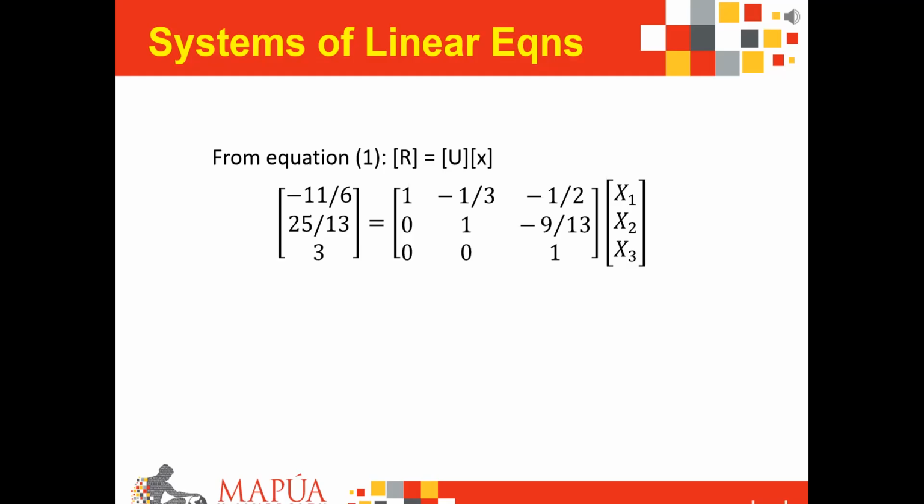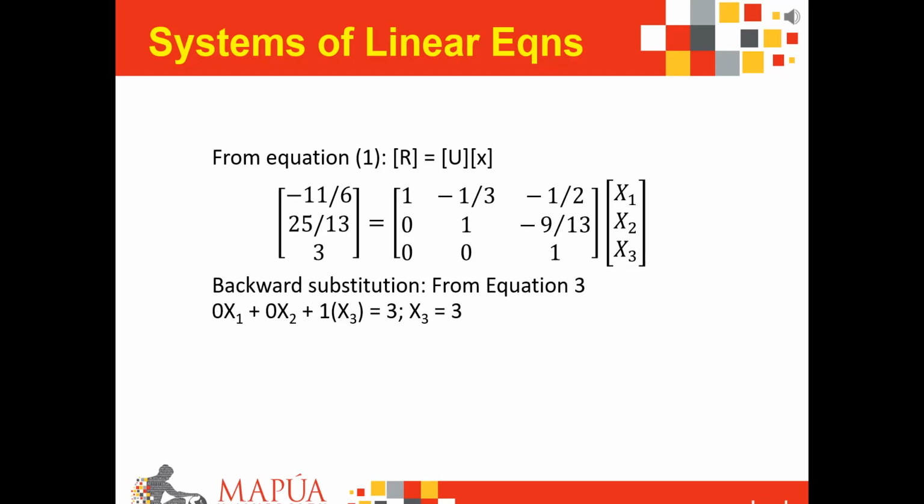Looking at this matrix equation, we simply revert this into the standard equation form and start from equation 3 and solve for the last variable, hence referred to as reverse substitution or backward substitution. Upon doing so, we end up with equation 3 equal to 0x1 plus 0x2 plus 1x3 is equal to 3. Therefore, our x3 is simply equal to 3.